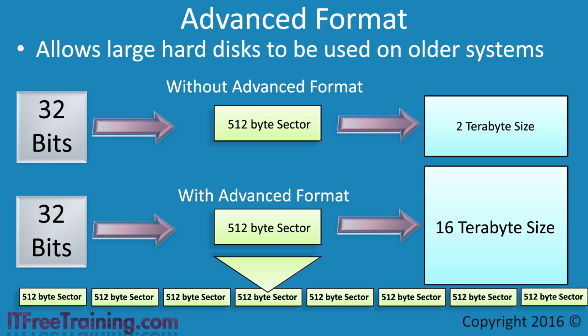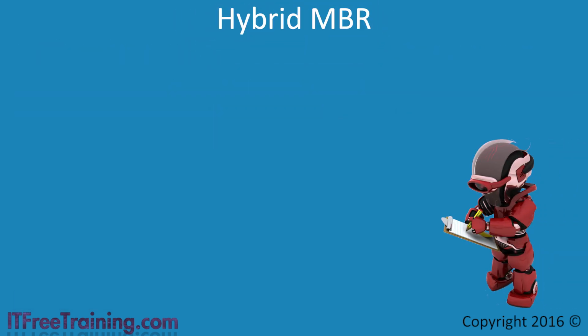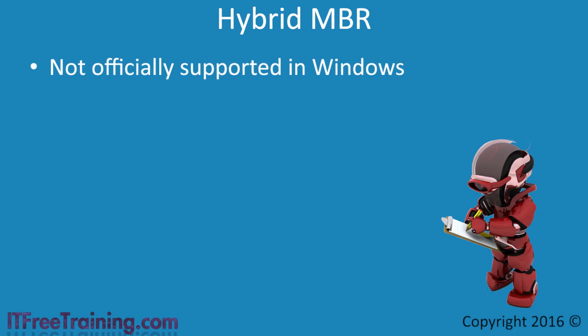This allows larger drives to be used with old hardware, but is not without some problems. On the older operating system, the drive will need to be partitioned with hybrid MBR in order to use more than 2 terabytes. Unfortunately, Windows does not have the ability to format a drive in this way, so you will need to format the drive using an alternative operating system.